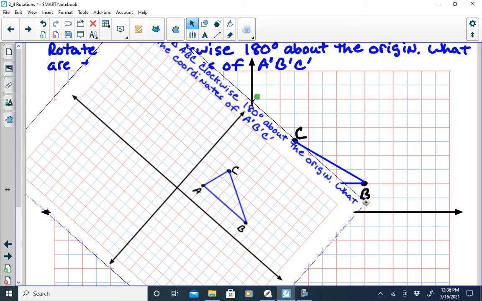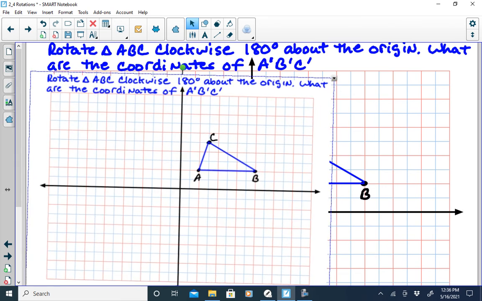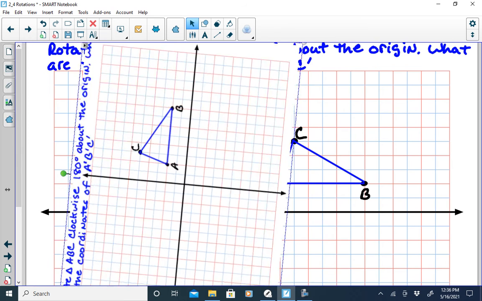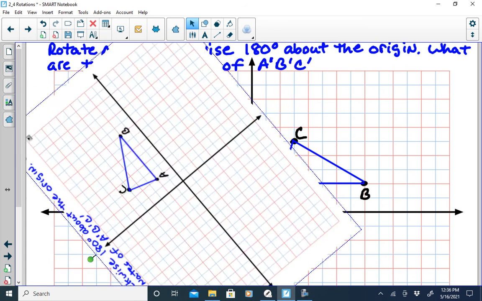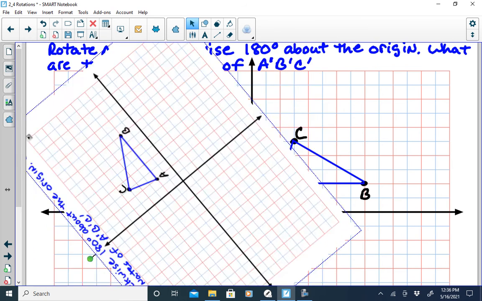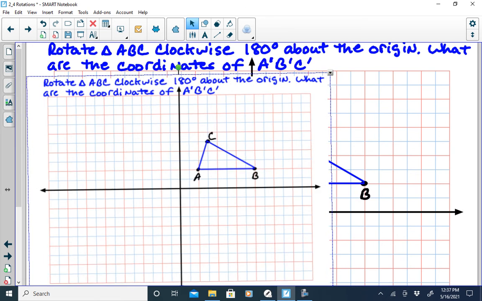One thing to notice is that a 180 degree clockwise rotation would be the same location as a 180 degree counterclockwise rotation. So that's something just to keep in mind.